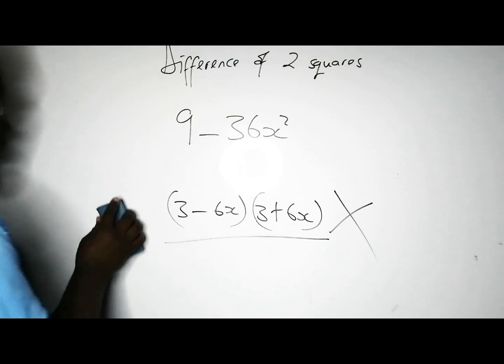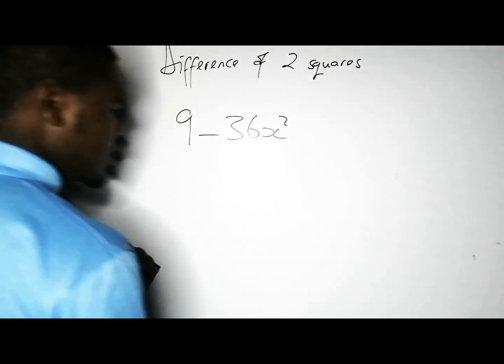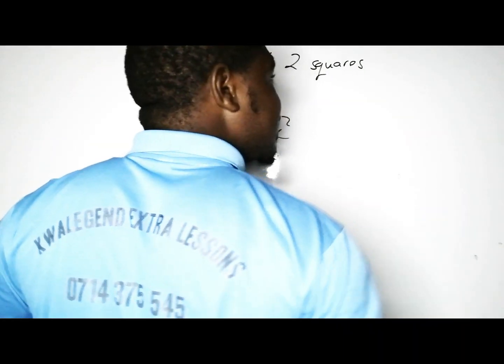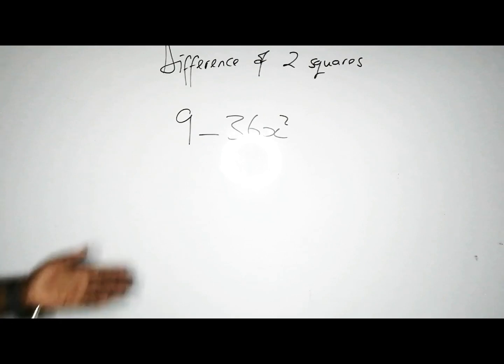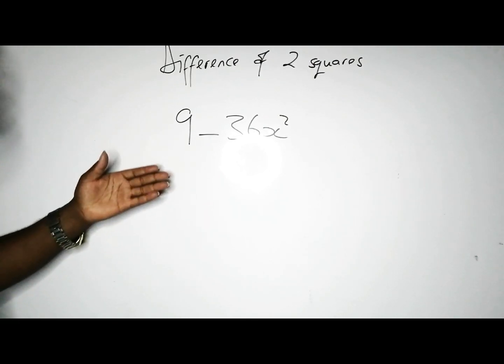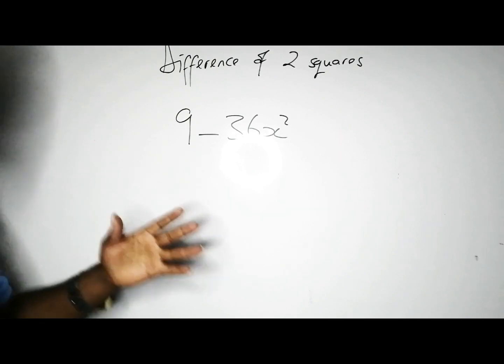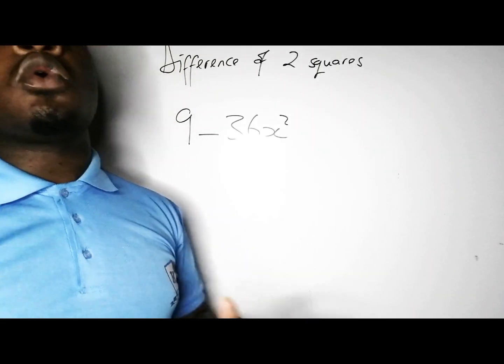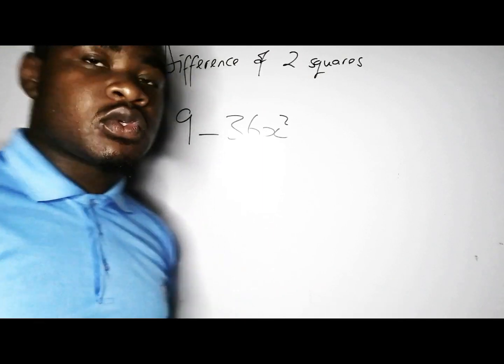So whenever you see a problem saying factorize completely, before doing either quadratic factorization or difference of two squares, you need to see if there is a common factor in the question.